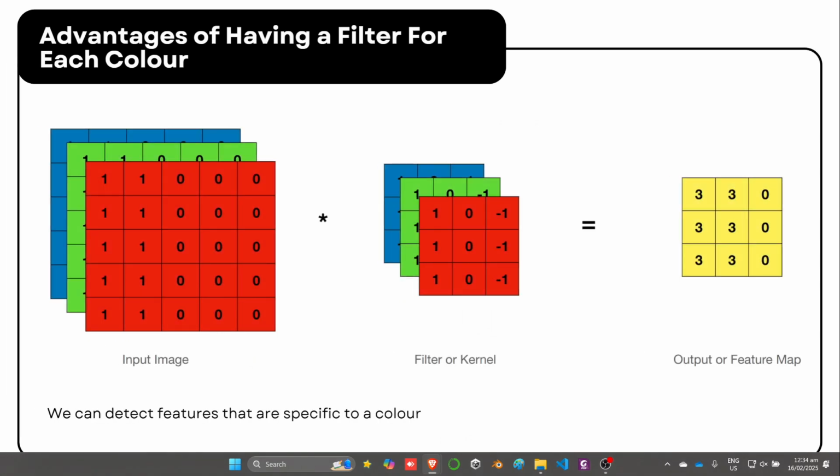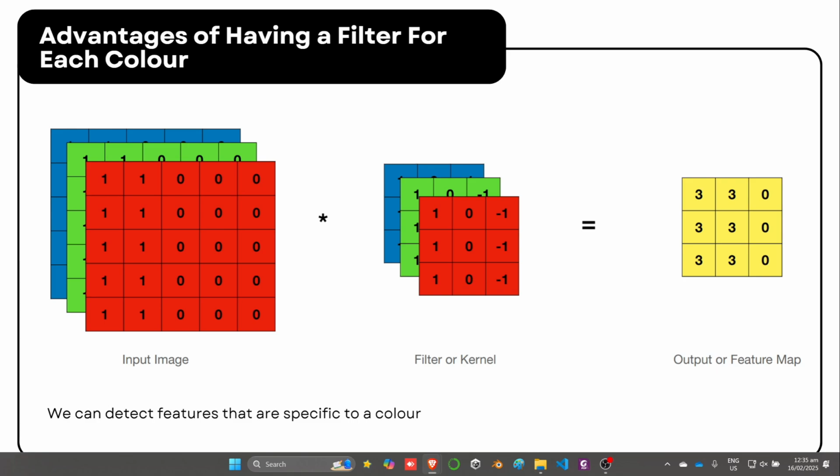So what are the advantages of having color components as your filters? Imagine we're looking for a red stop sign, but imagine there's a similar sign, for example a green stop sign.